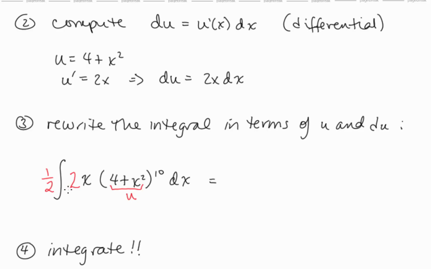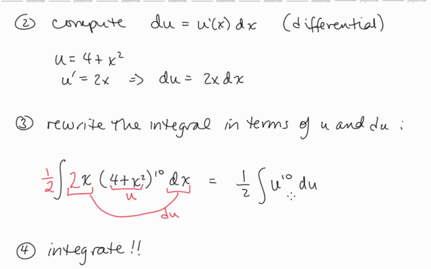I'm going to collect my 2x dx, and that together becomes du, so this integral looks like 1/2 the integral of u to the 10th du. We have u to the 10th, and then the 2x dx is du. And we have the 1/2 on the outside.